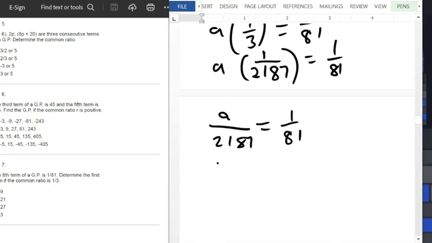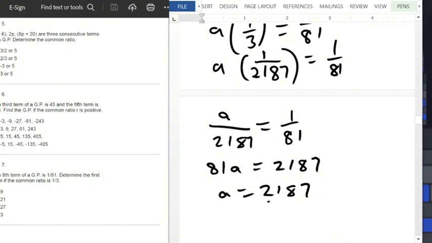If you cross multiply, you have 81a equals 2187. So a equals 2187 all over 81, which is 27. So the first term is 27, which is option C.